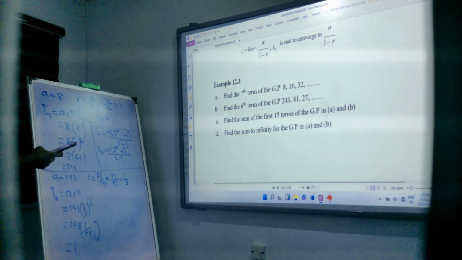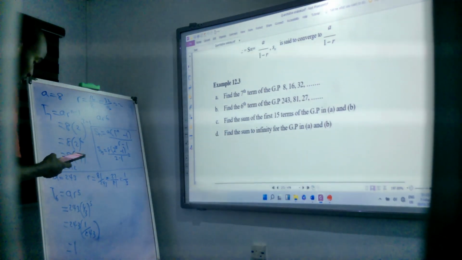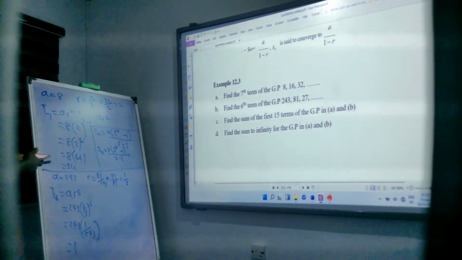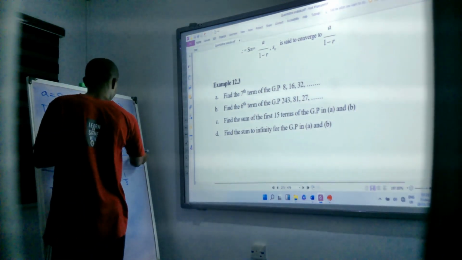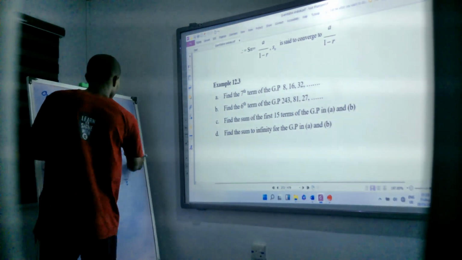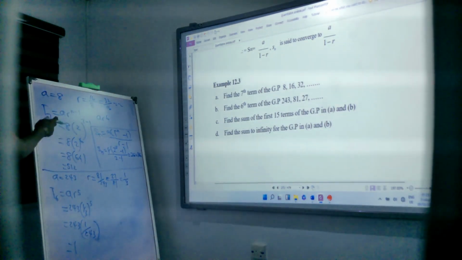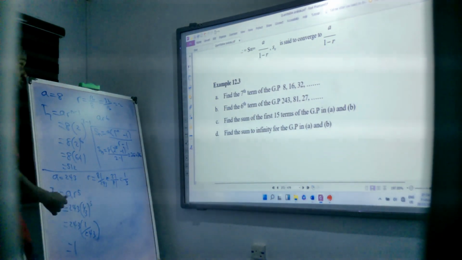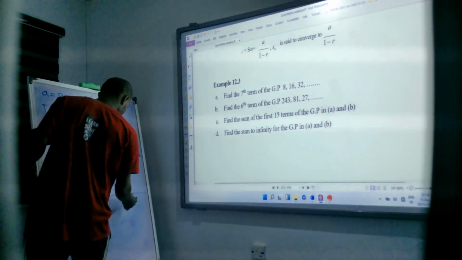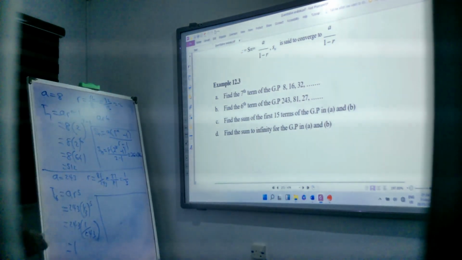So 32,767 times 8, divided by 1. Everything here is 1. And that will give us 262,136. So this is the sum of the first 15 terms of this. That is the answer to A.